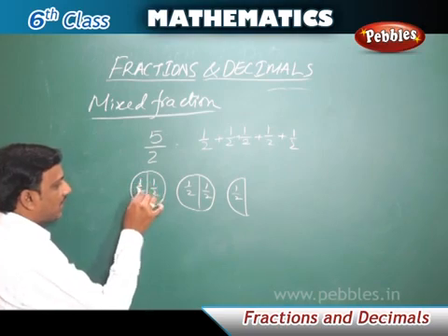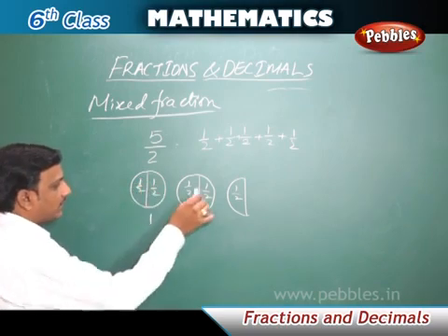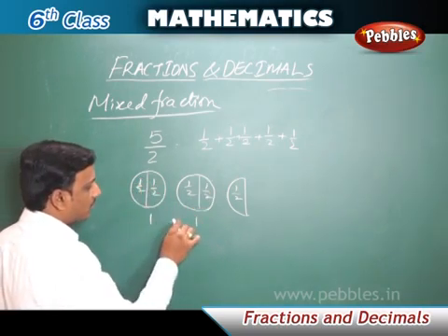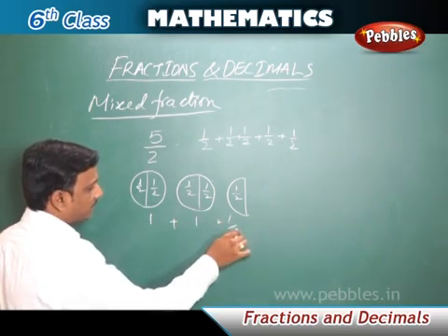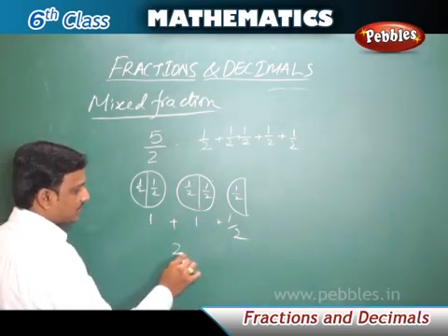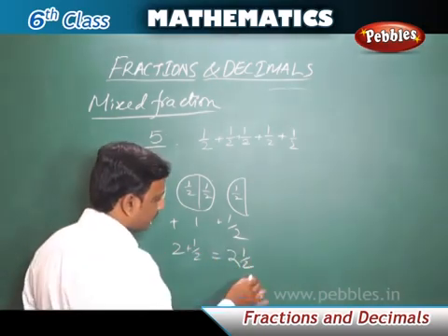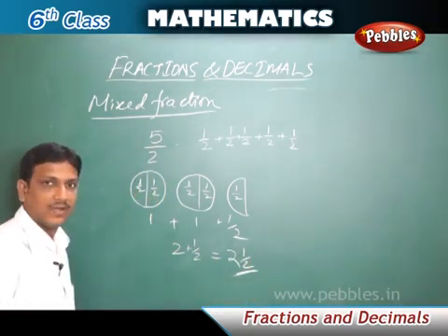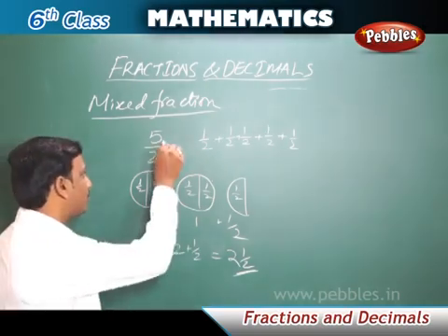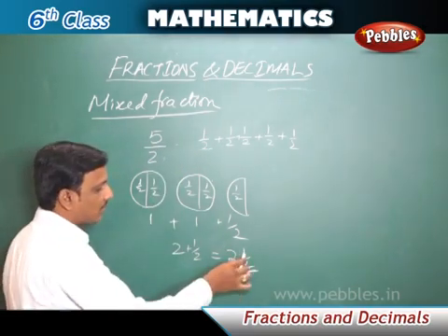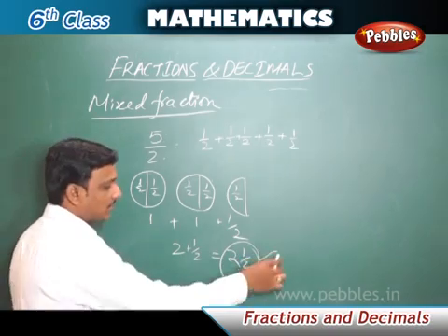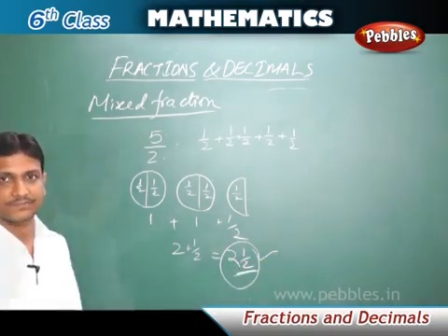Here half, half makes one whole, and half, half makes another whole, and a half. So it becomes 2 plus half, 2 and a half. So this is a mixed fraction. 5 by 2 can be written as 2 and 1 by 2. This is called a mixed fraction.